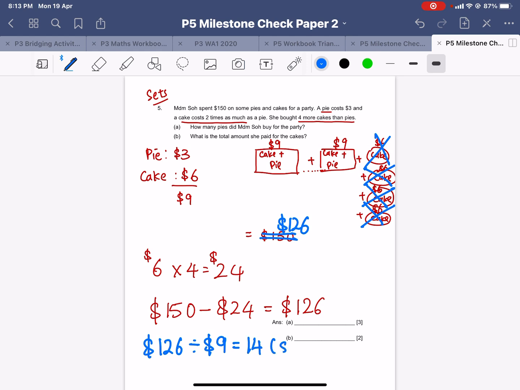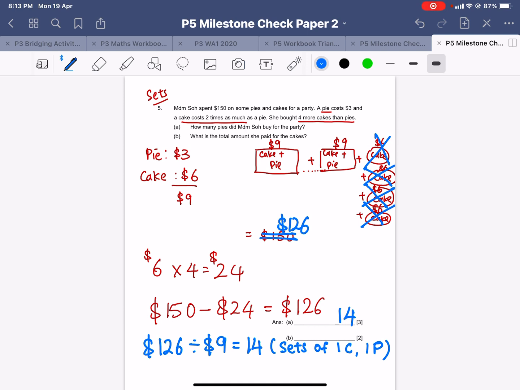If you remember MSP, this is 14 sets of 1 cake and 1 pie. There are 14 sets of it: 1 cake, 1 pie, 1 cake, 1 pie. So how many pies did this person actually buy? Easy peasy, 14, because 14 sets will give you 14 pies.